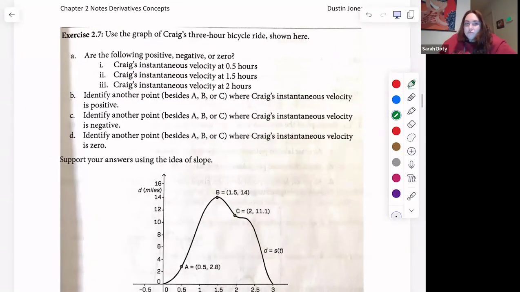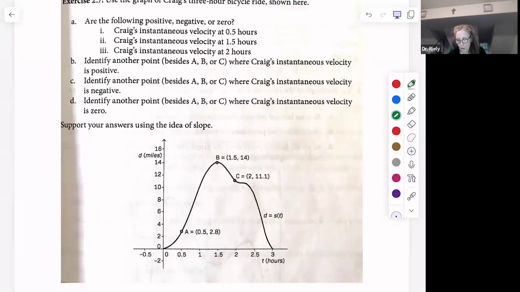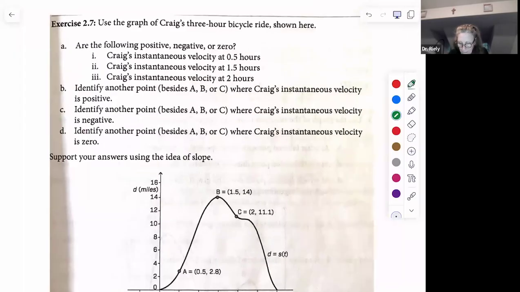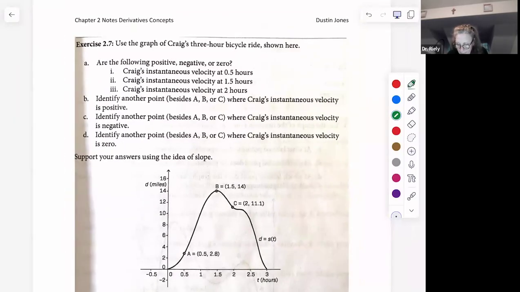So here's Craig's 3-hour bicycle ride. So we have his time in hours and how many miles he's going. To figure out his instantaneous velocity, they want to know whether it is positive, negative, or zero.